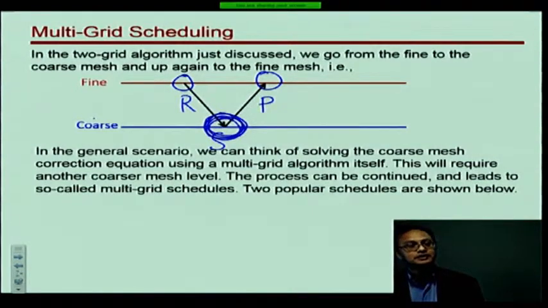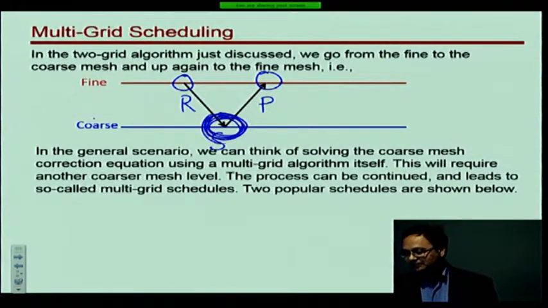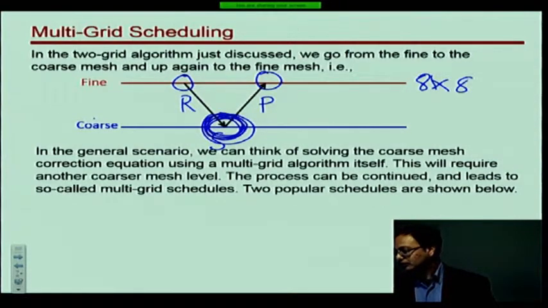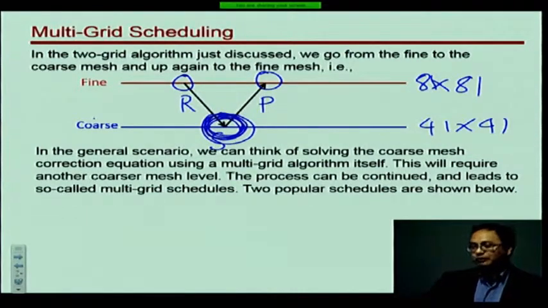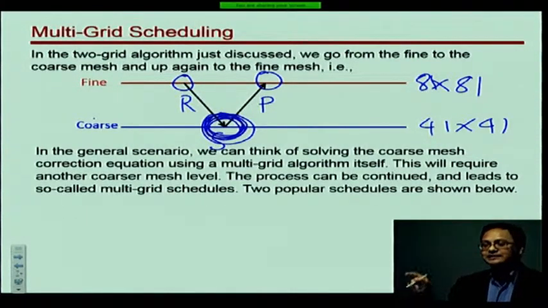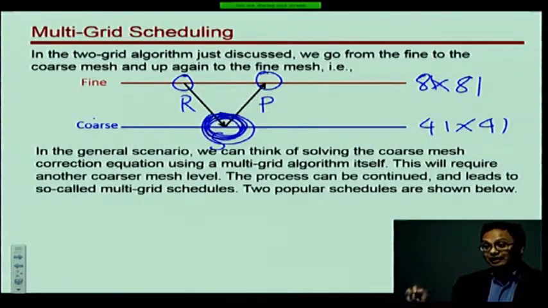So suppose this mesh is 81 by 81. Here we are solving a set of 41 by 41 equations. That 41 by 41 set of equations has the exact same problems as the 81 by 81 equations. In other words, its large wavelength components is now going to hold up its convergence, because I am solving it again using an iterative solver.